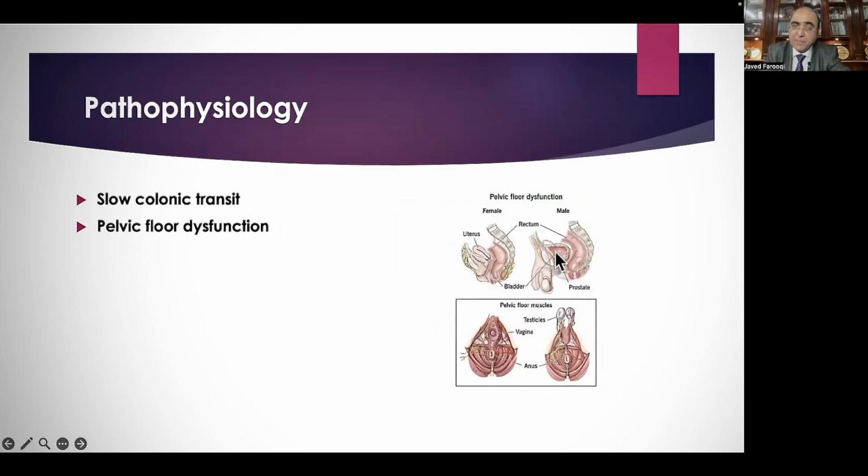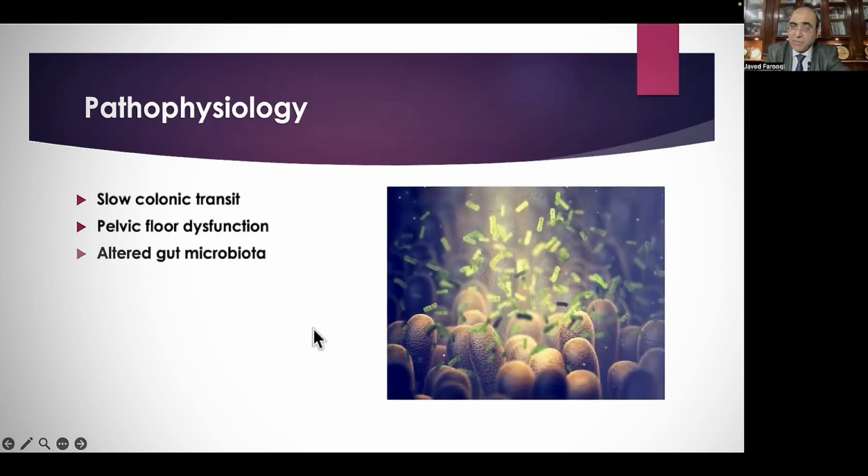This is the second important pathological factor which leads to the onset or development of functional constipation. And of course, altered gut microbiota, the dysbiosis, is also a contributing factor in the development of functional constipation.